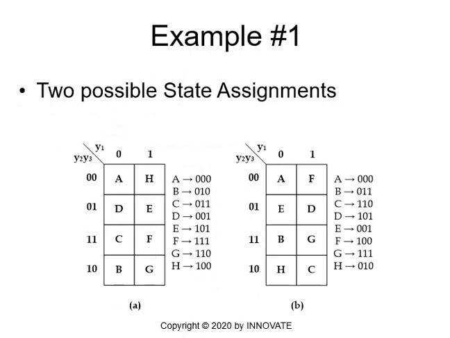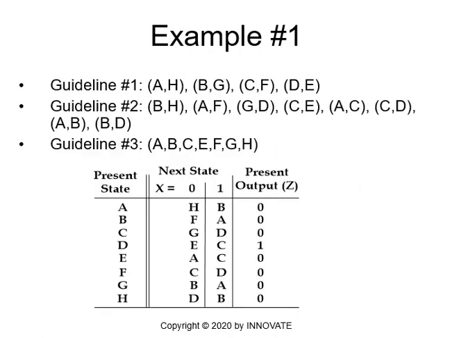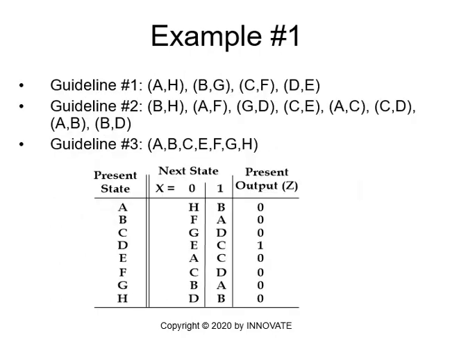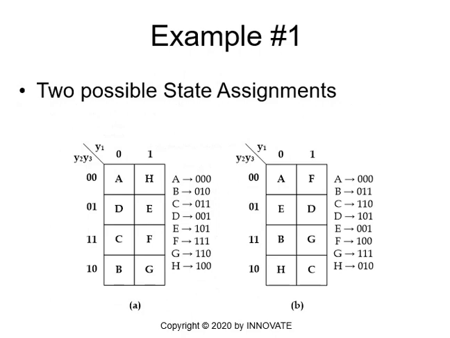I cannot meet G and D. So we met all of guideline number 1, however we are not lucky with guideline number 2 because we cannot do them all. B and D, did we meet B and D? No, not B and D. So really, this assignment met only guideline number 1.